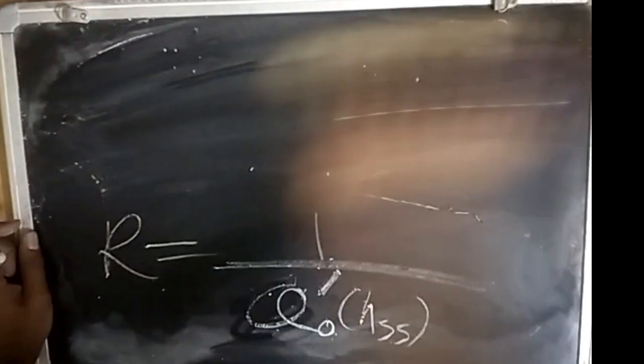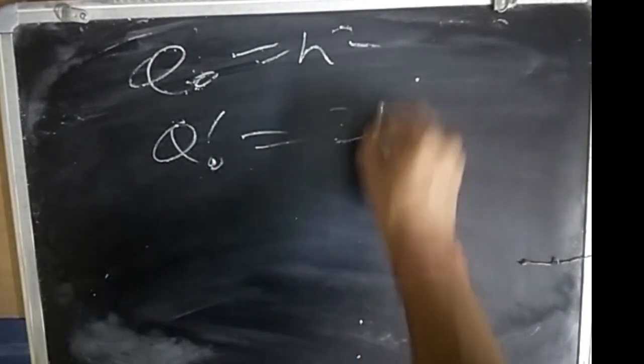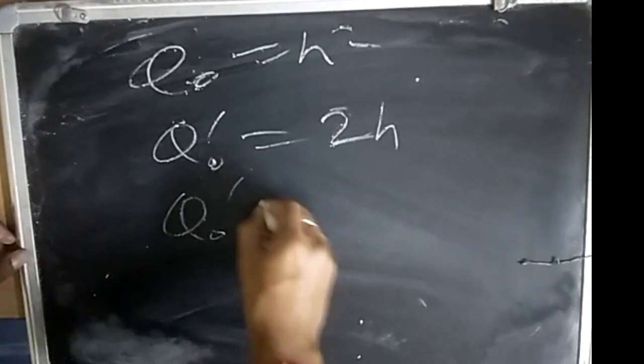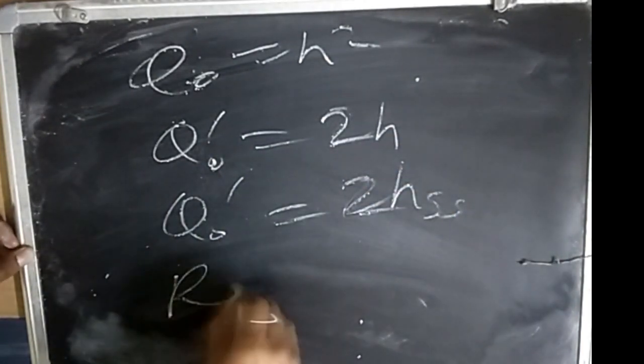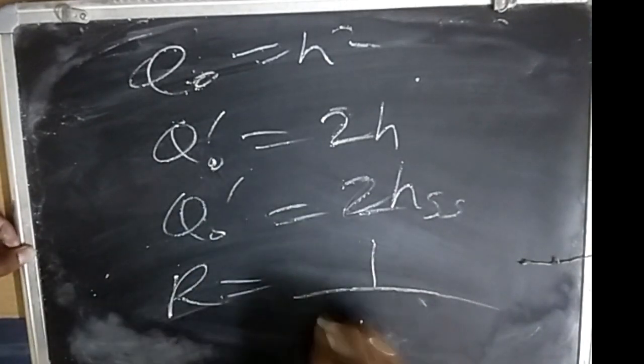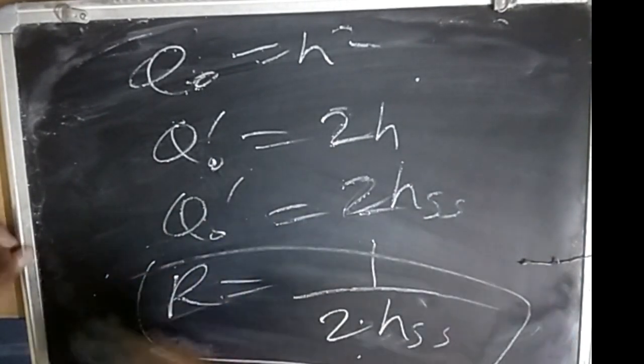What this really means is, let's see, my qo is h squared. So I will first take the derivative, that is 2h, and I will put hss. So 2hss, and my R would be 1 divided by the derivative of this, so 1 over 2hss. This would be my R.